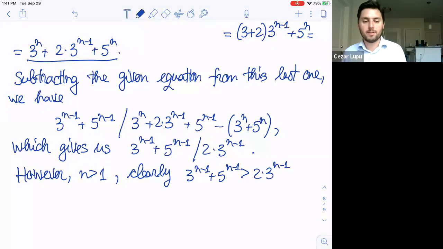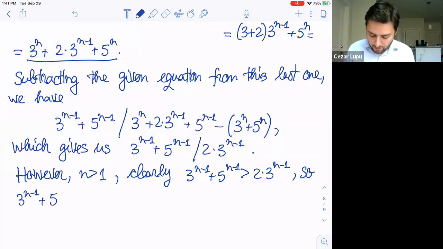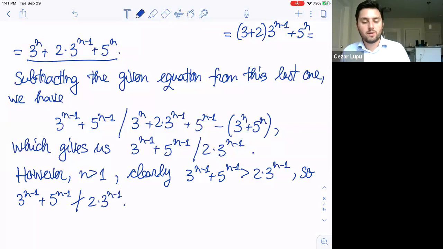So it does not divide 2 times 3 to the n minus 1. This divisibility is impossible.